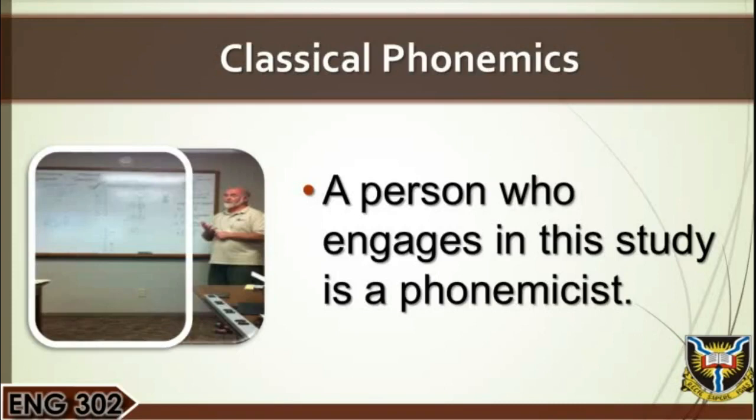Classical phonemicists use certain criteria for determining what constitutes a phoneme in a language. Minimal pairs, minimal sets, and complementary distribution, which we discussed earlier under terminologies, are means by which this is done. When similar sounds are mutually exclusive, that is, where one occurs, the other does not, they are often regarded as allophones of the same phoneme.